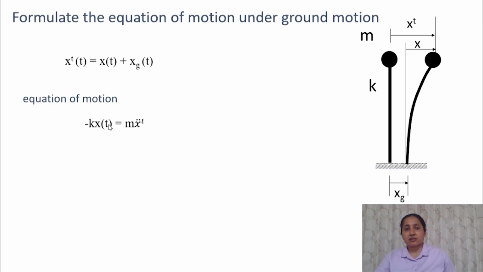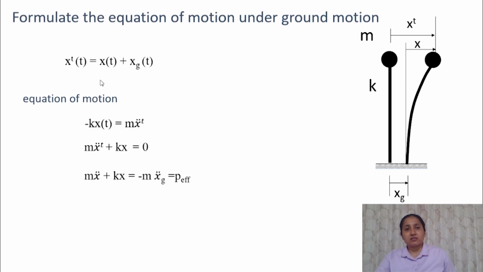That is the force acting on this mass, and this should be equal to mass times acceleration, as given by Newton's law. So this is our equation of motion. We can rearrange the terms. It becomes m x double dot t plus kx is equal to 0.